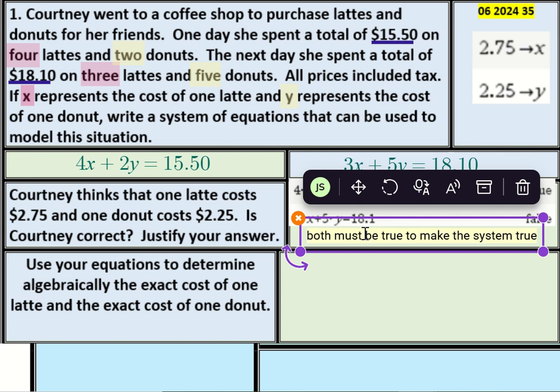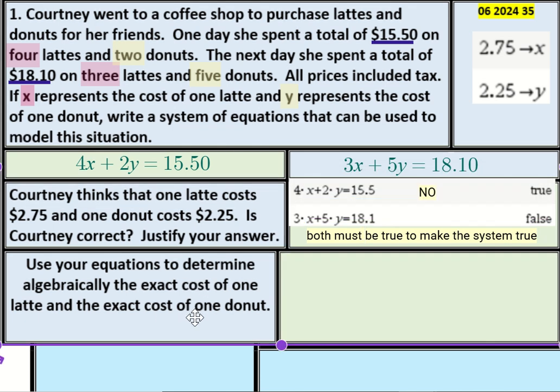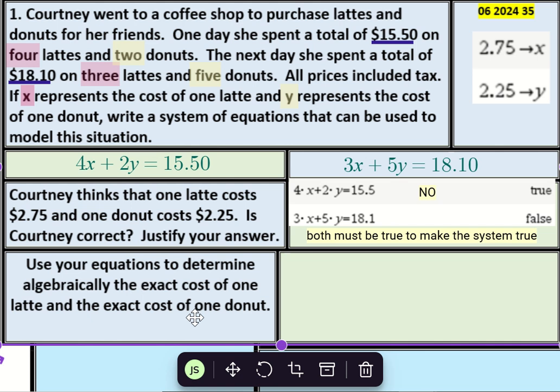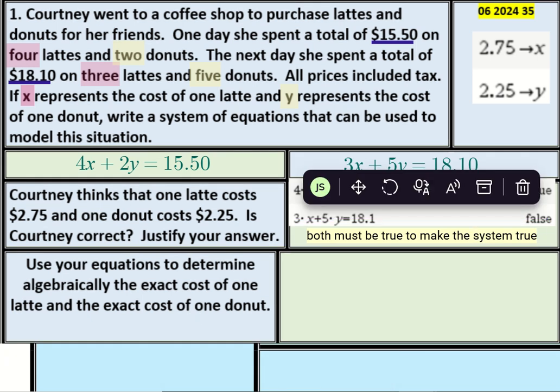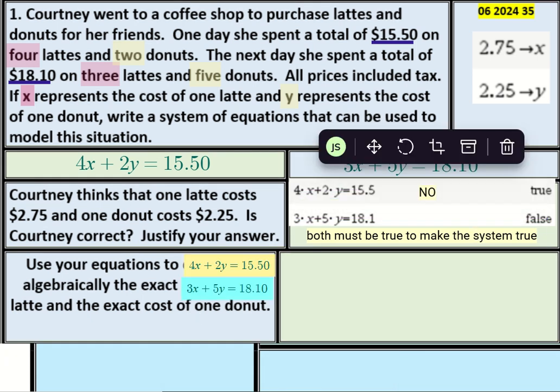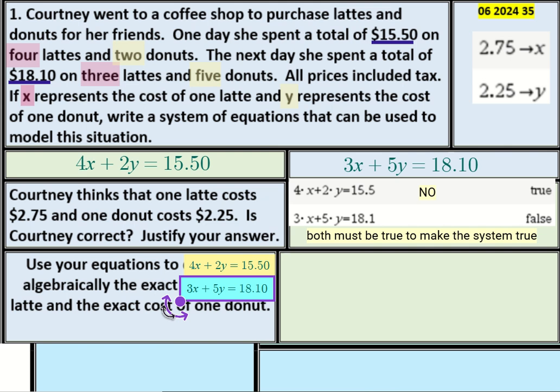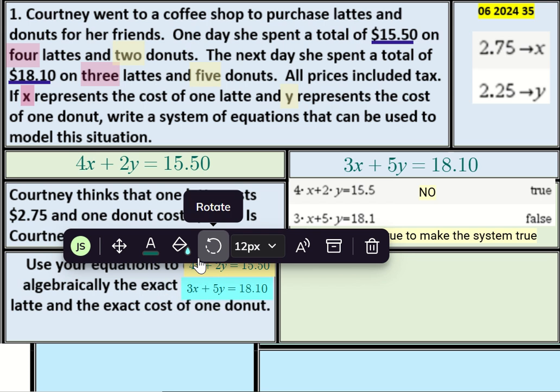Now I'm going to use my system to find the cost of a latte and a donut. So I have my 2 equations. What I know is I have to get rid of either x or y. I can't solve a system algebraically for both variables at a time. So I'm looking at these x's, and I know if I multiply the 4 by the 3, I get 12.